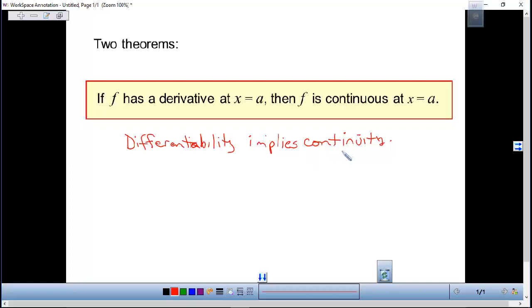If you know continuity, that does not mean that you know differentiability. Think about the absolute value and the cusp and the vertical tangent. They're all continuous at the point where they're not differentiable. So just because it's continuous does not always mean that it's differentiable. But if it's differentiable, it guarantees that it's continuous.